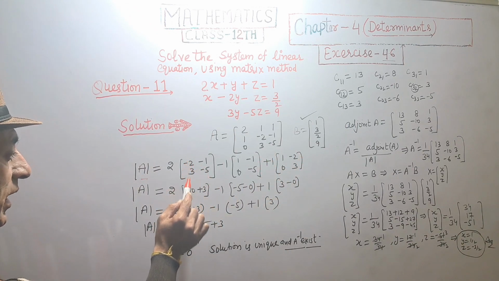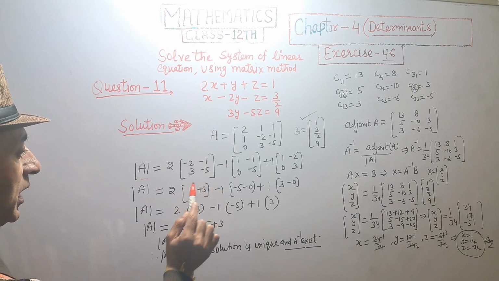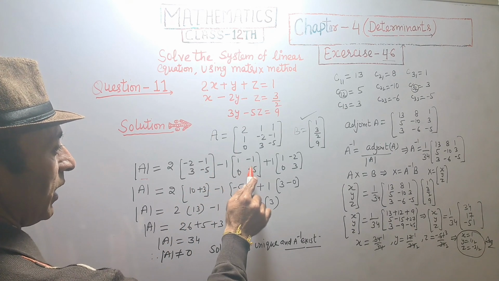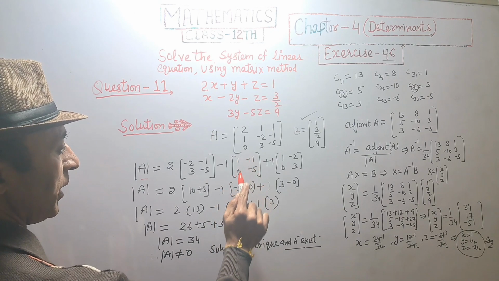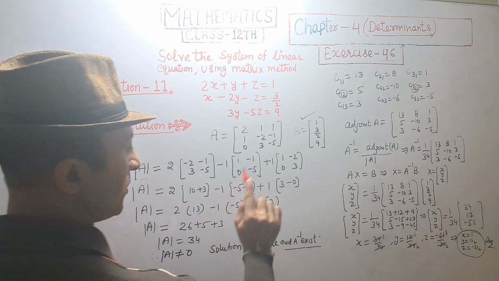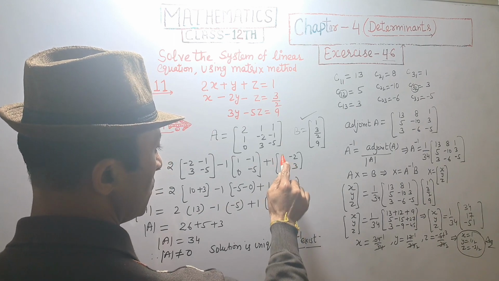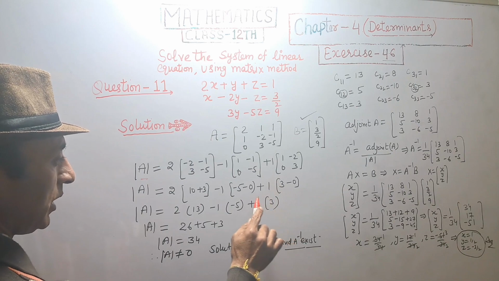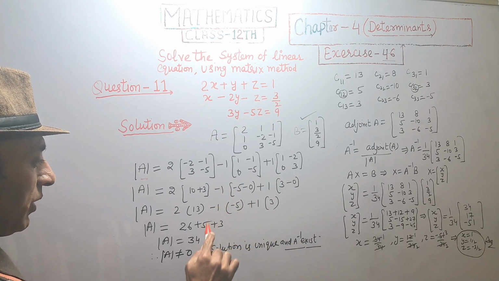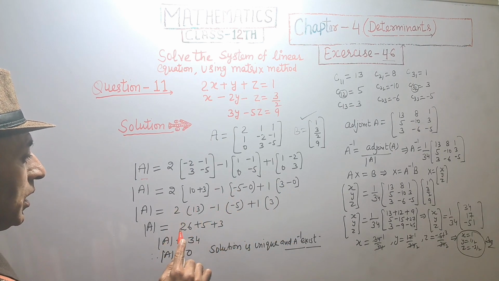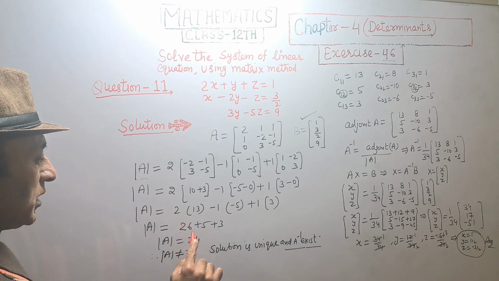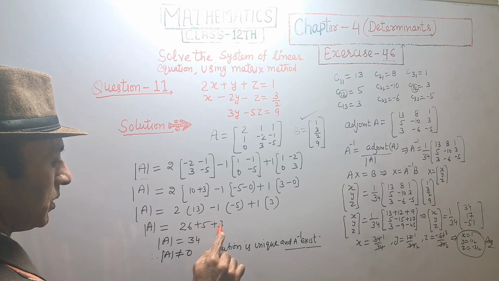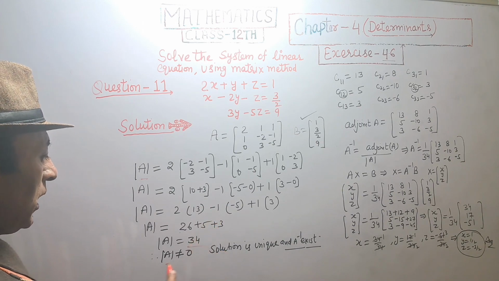Multiplying, 5 2s are 10, 10 plus 3 is 13, and minus 1, 5 1s are minus 5 minus 0, that is minus 5. 1 3 2s are 6 minus 0, that is 3. 3 1s are 3 and 5 1s are 5, positive 5. 13 3s are 13 2s are 26, 26 plus 5 plus 3 is equal to 34.